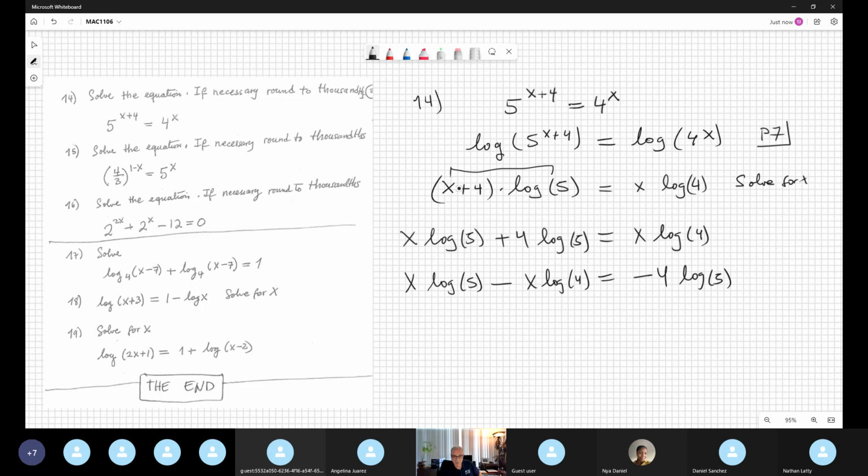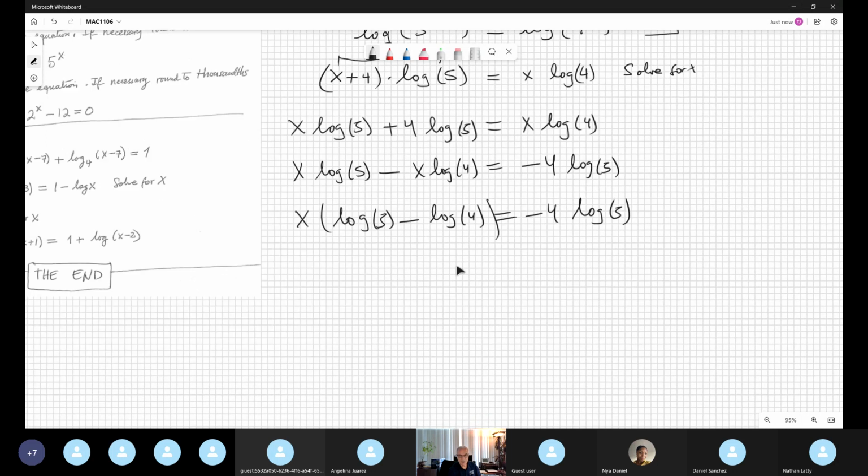Now factor out x: you have x times (logarithm of 5 minus logarithm of 4) equal to minus 4 logarithm of 5. We almost finished. I forgot one parenthesis here. In order to solve for x, you divide both sides by this factor.